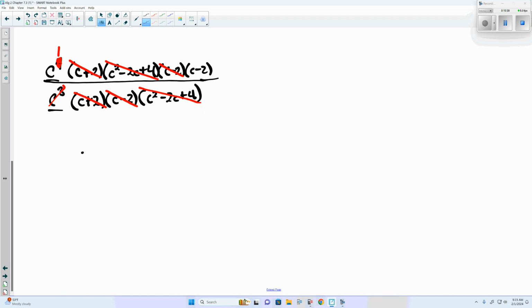Because at this point we still have c. You still have c minus 2 in the numerator. Denominator is gone. It's technically 1. We don't have to write a division of 1 in, so we can leave it as this here. And that's the answer. If the numerator simplifies out completely, we have to write it as 1.